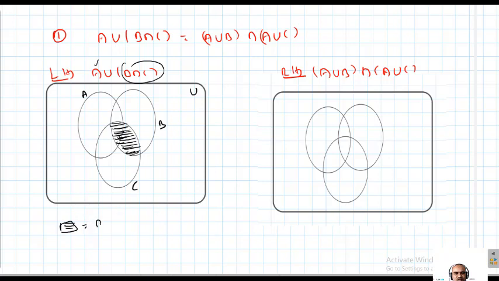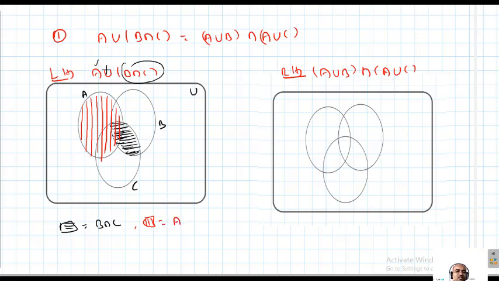This is for B intersection C. Now I want to shade A with another color, red colored horizontal lines, red colored vertical lines. This is for A.